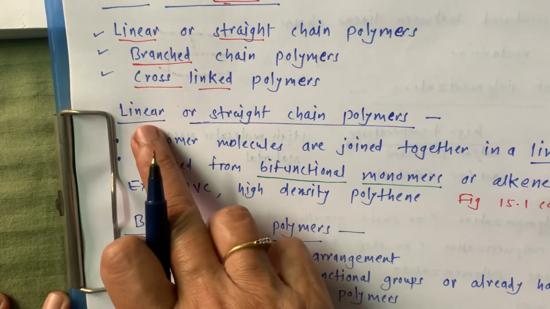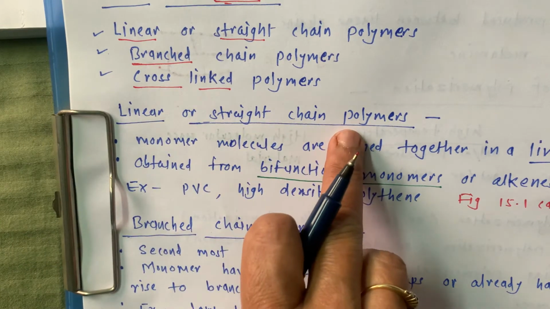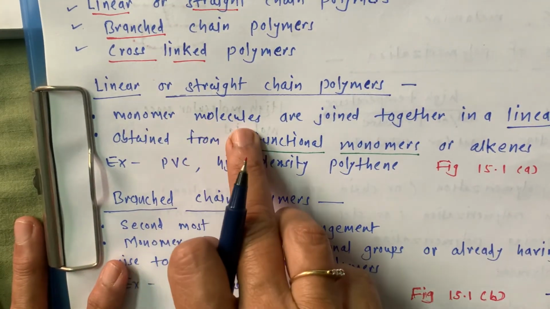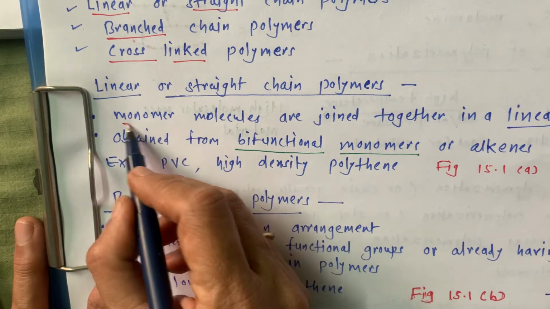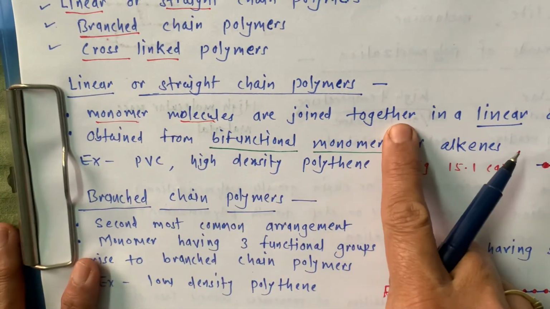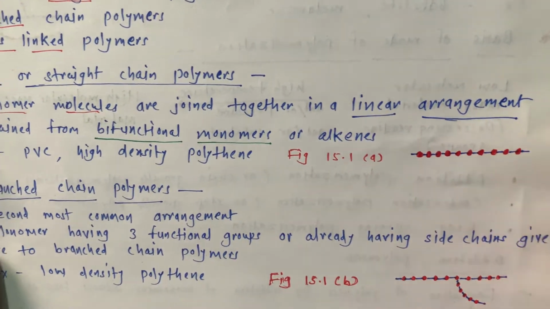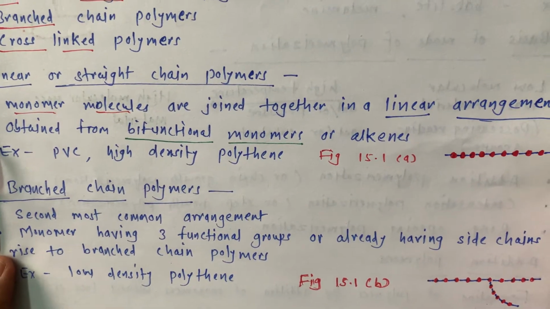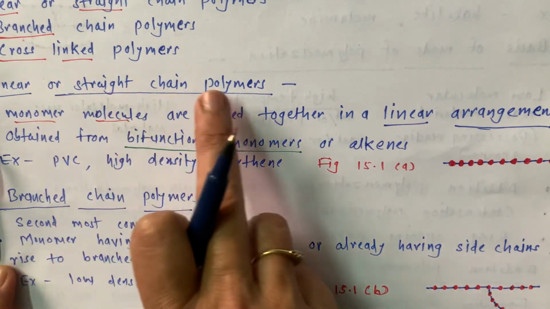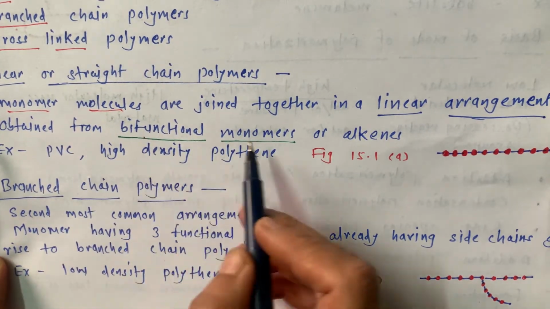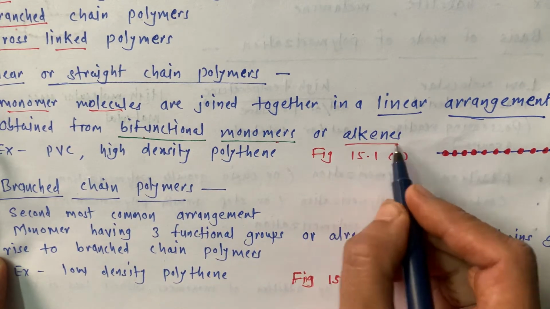First of all, we are going to see the linear or straight chain polymer. When the monomer molecules are joined together in a linear arrangement, we get linear or straight chain polymers. These are obtained from bifunctional monomers or alkenes.